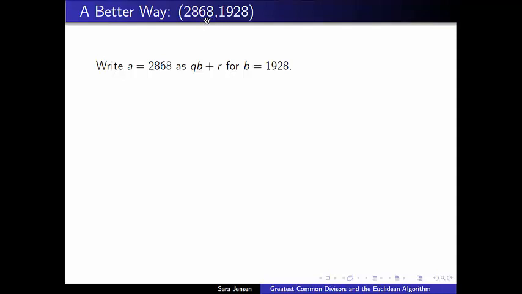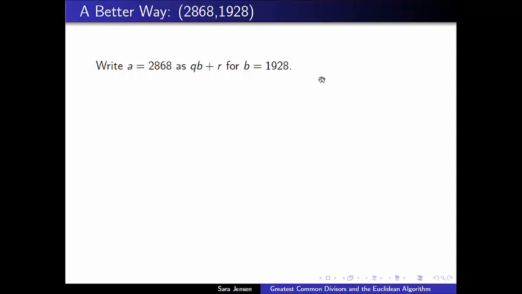So starting out with the larger number as an A value, in this case 2,868, let's write it as QB plus R, where B is the smaller of these two numbers, 1,928 in this example, and the Q and the R are from the quotient remainder theorem, also called the division algorithm.